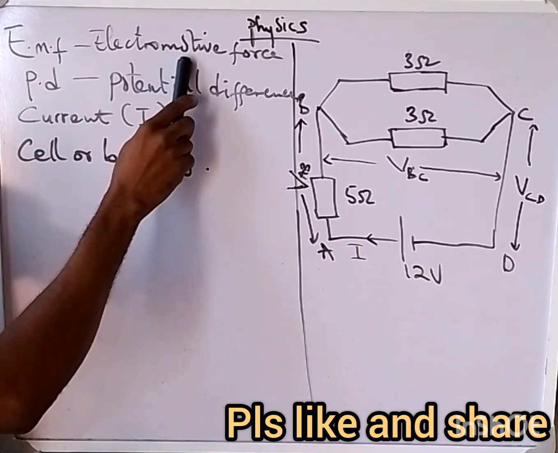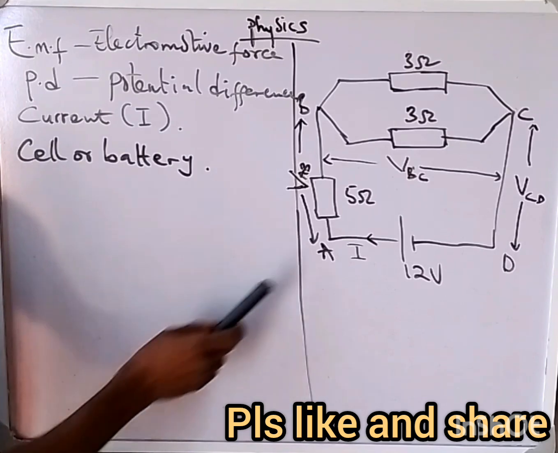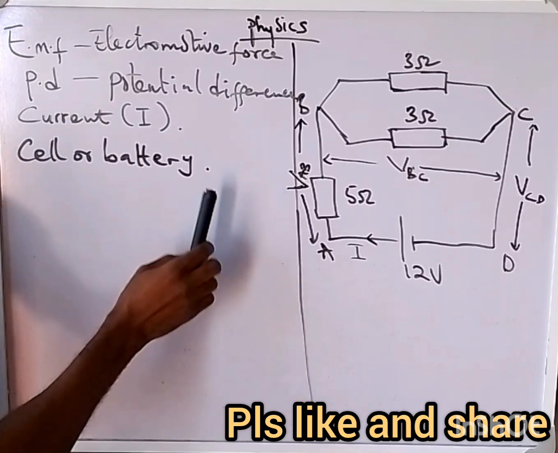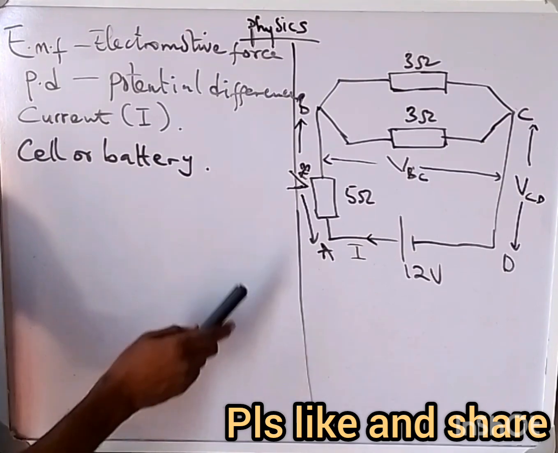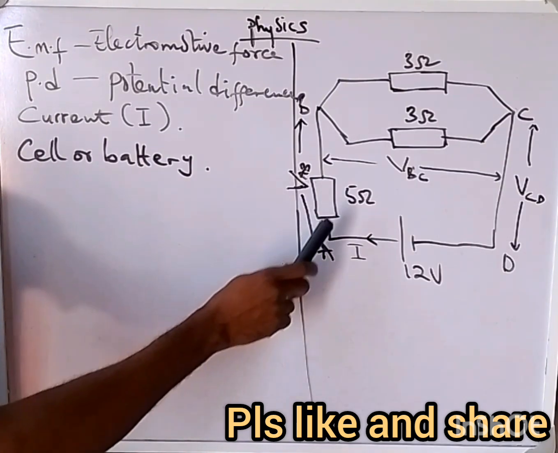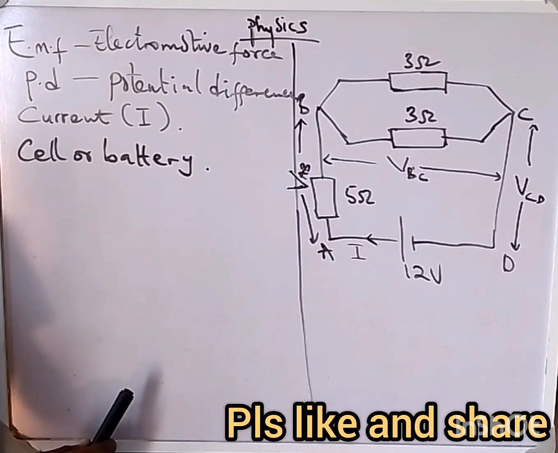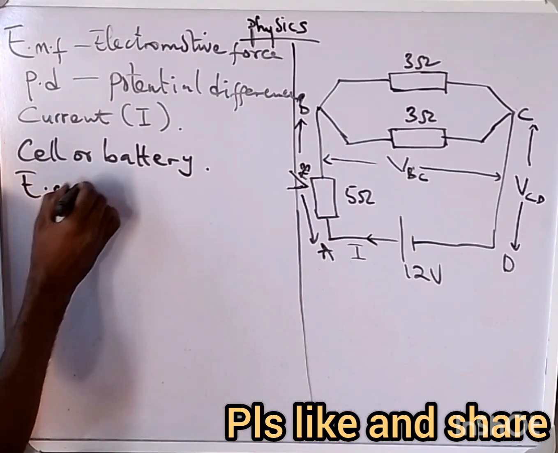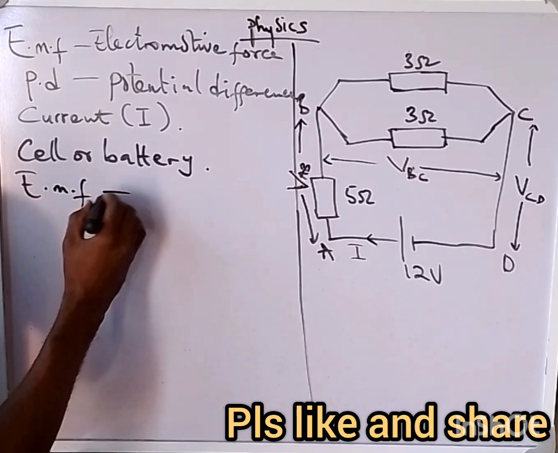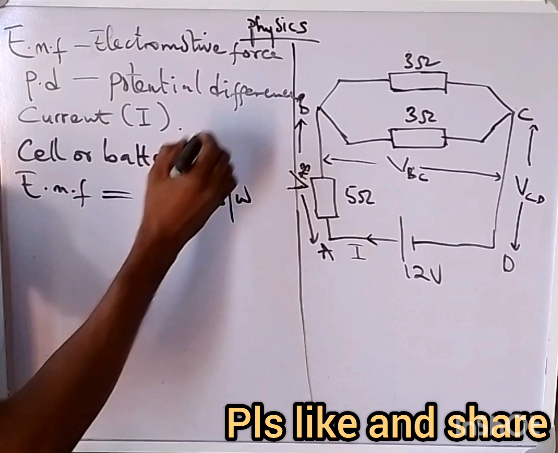And how is it defined? This electromotive force is defined as the potential difference between the two terminals of the cell when the cell is not delivering current to the external circuit. So let me put it this way, that EMF is equal to PD between what?